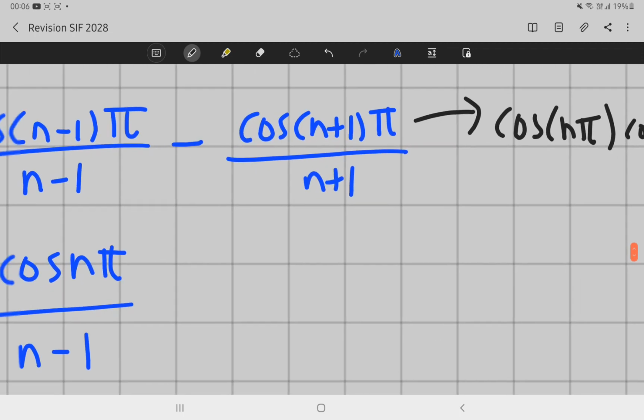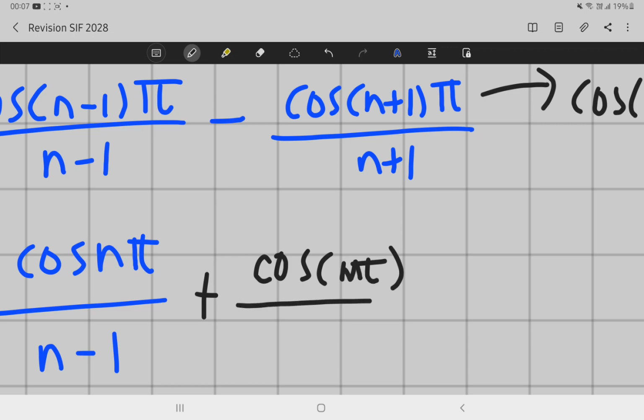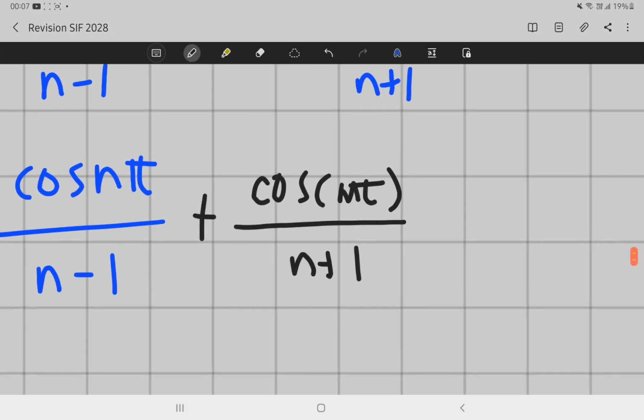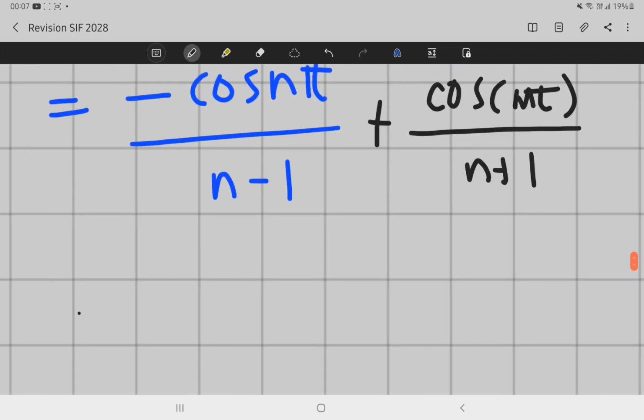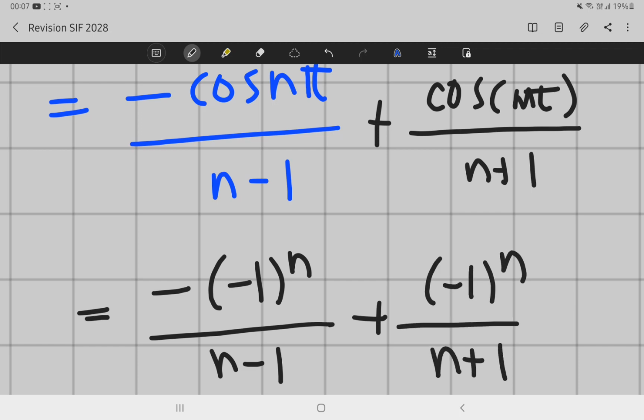Minus that, so we know it's supposed to be plus cosine n pi over n plus 1. Okay, but we know that cosine n pi is just (minus 1) to the n, over n minus 1 plus (minus 1) to the n plus 1, like that.